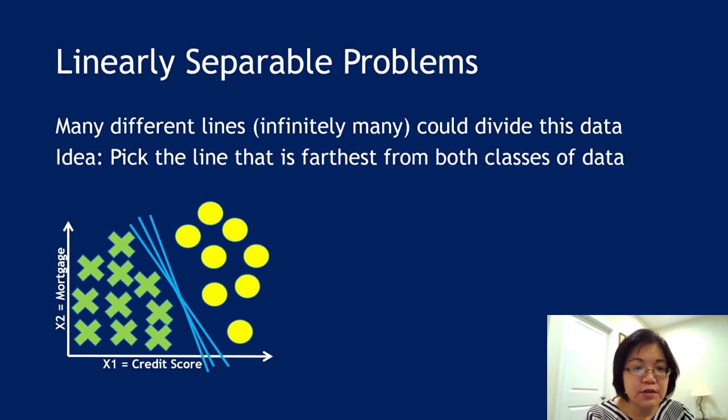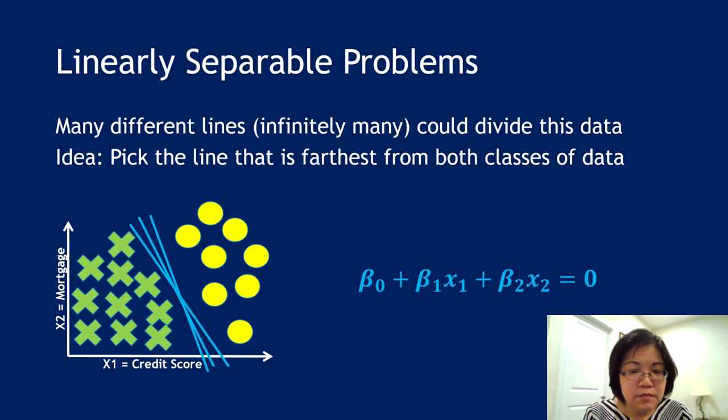So the SVM function can be used to solve linearly separable problems. The idea is that there are potentially many different lines that can divide this data set, and the maximal margin classifier is the line that is the farthest from both classes of data. The line or the hyperplane of the maximal margin classifier is this equation, beta 0 plus beta 1 x1 plus beta 2 x2.